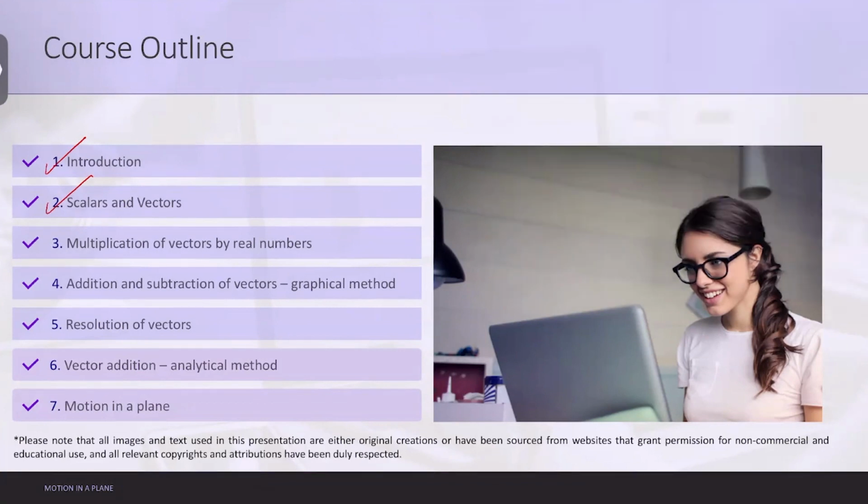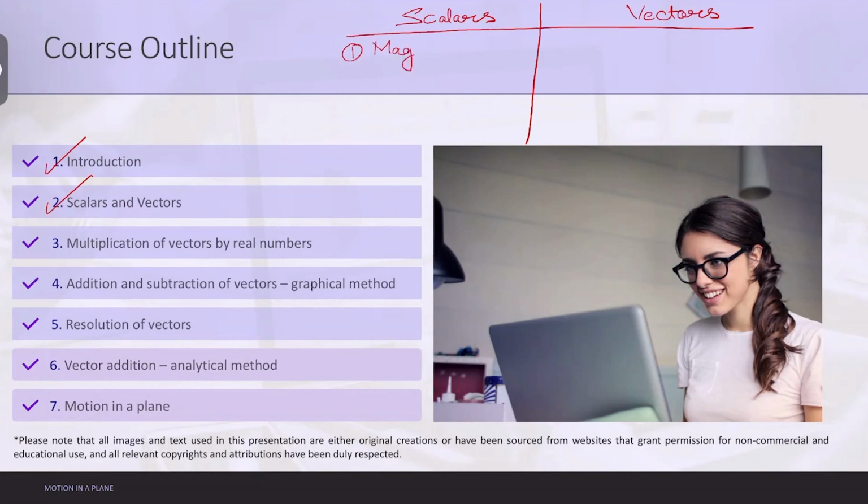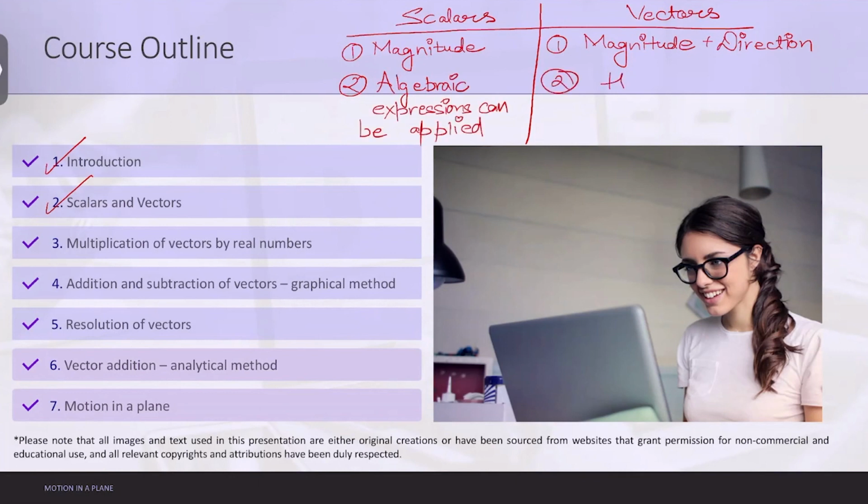Next thing which we understood was about scalars and vectors. A scalar is something which has a magnitude, whereas a vector has magnitude plus direction. For scalars, algebraic operations can be directly applied; here it cannot be applied.